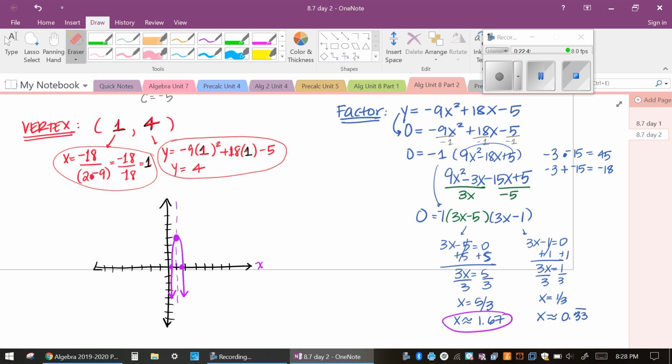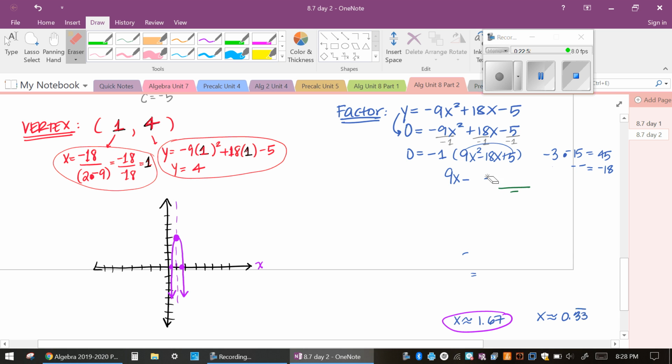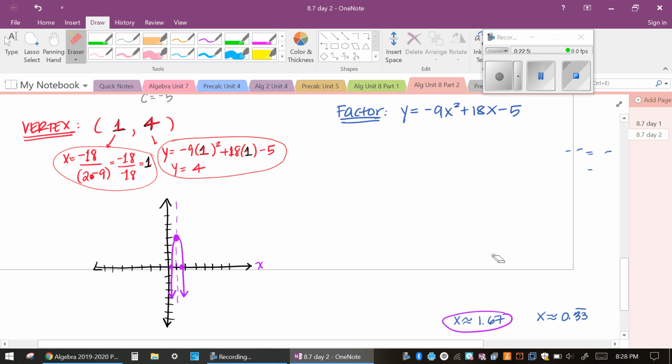Okay, so you're going to get the same answers of 0.33 and 1.67 if you use the quadratic formula. So now I'm going to show you how to do that. If you already did it by factoring, you don't have to write this again. So for the quadratic formula, you're going to start by setting the y equal to 0 also.